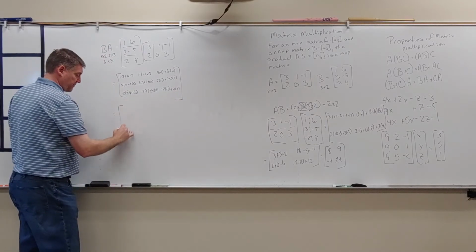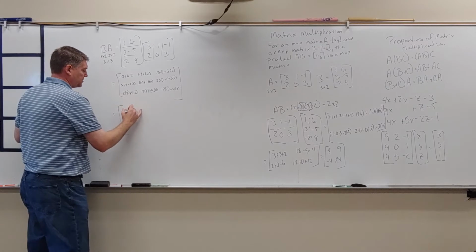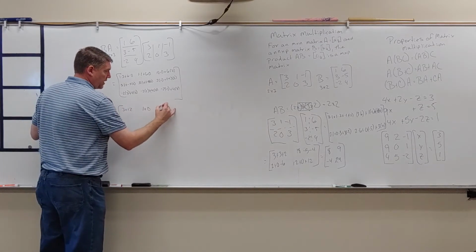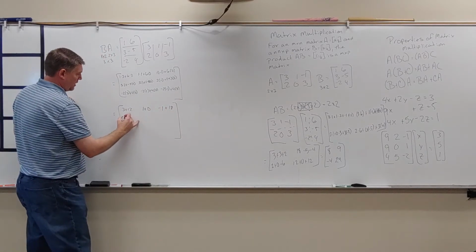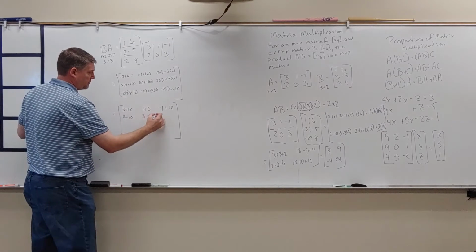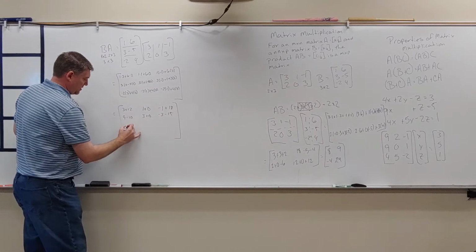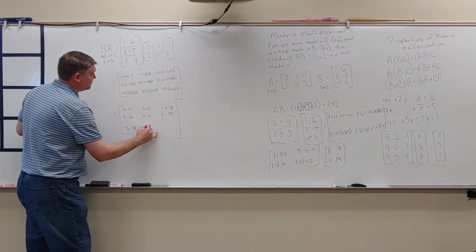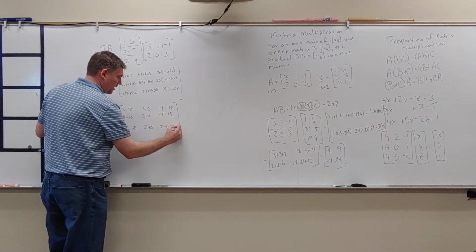Now I have to physically multiply these out, get all the pieces. 3 plus 12, 1 plus 0, negative 1 plus 18, 9 minus 10, 3 plus 0, negative 3 minus 15, negative 6 plus 8, negative 2 plus 0, 2 plus 12.